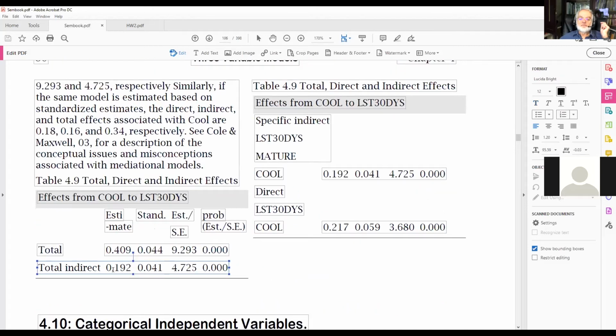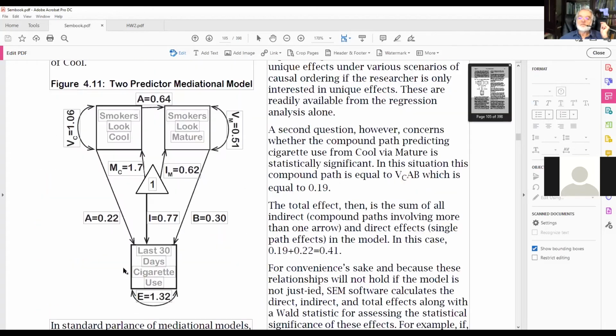So I have a question here. Can you scroll up? And can you show the diagram? Yes, this diagram. So here, can we go from last 30 days, Smokers looks cool, mature, etc., by following this path? So 0.22 times, without going through variance here.